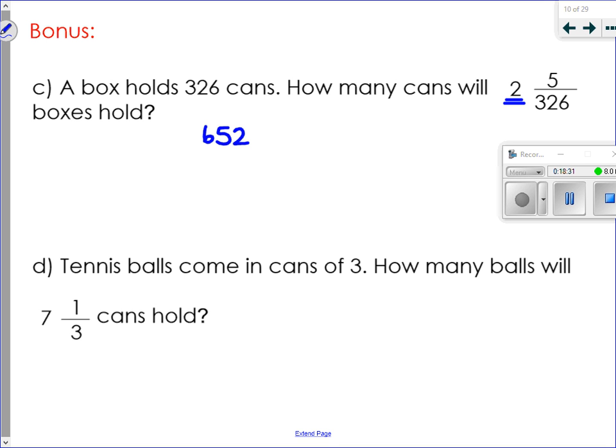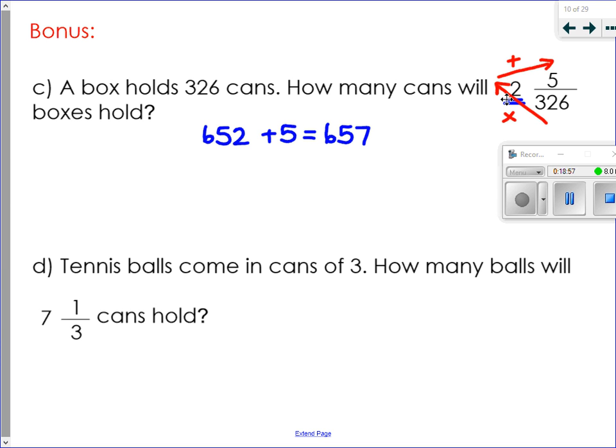And then in the other box we have 5 out of the 326 it will hold, but we've got 5 of them, so that's plus 5 more. 652 plus 5, 657, right? So what we've done is 326 times 2, and then add on plus 5 more.